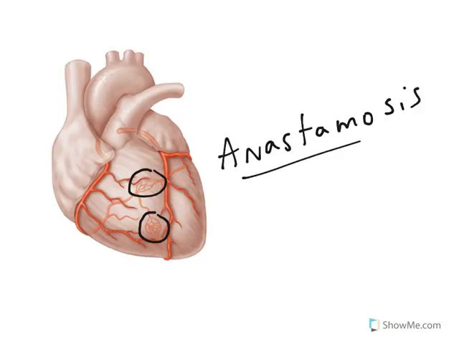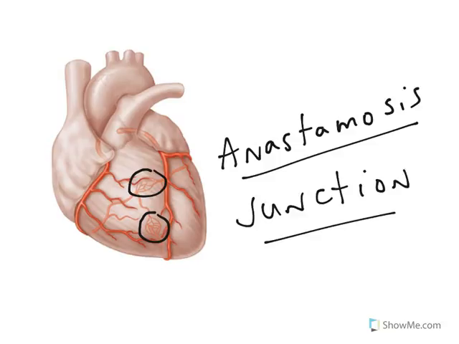An anastomosis is a junction. So we already learned bifurcation was splitting, so anastomosis is kind of the opposite. It's where two vessels will join together. So you can see that the front side here and the back side will join at this anastomosis, and the right side and the left will both join here.